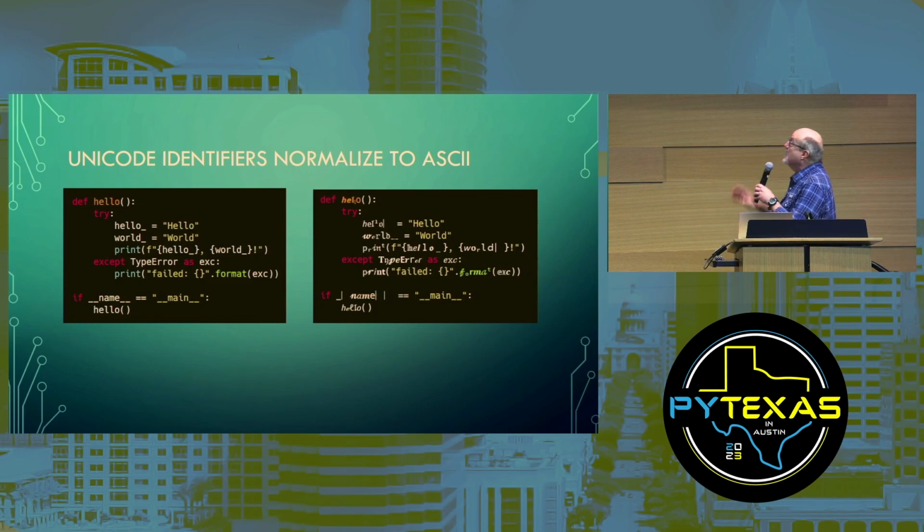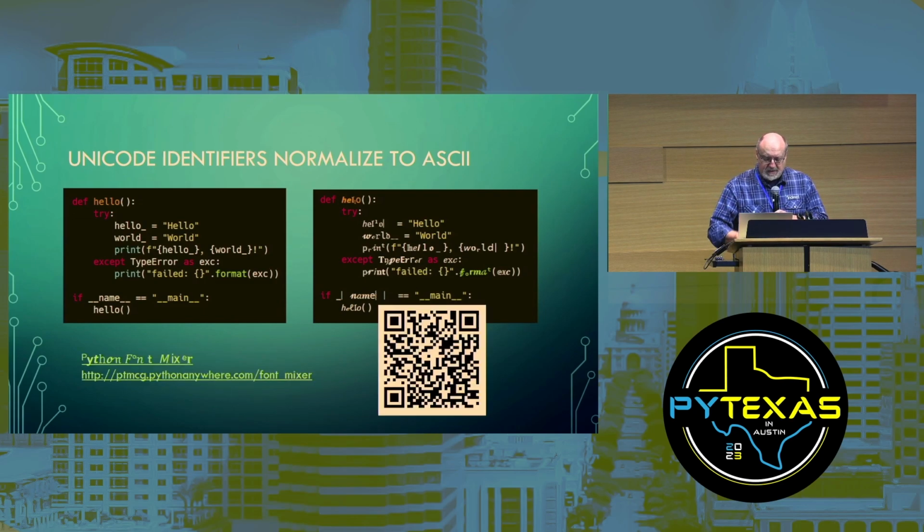So you'll see that it's only the identifiers, none of the keywords. But there are a lot of identifiers that are built in, print, all the exceptions and so forth. So this is a sort of ransom note kind of approach.